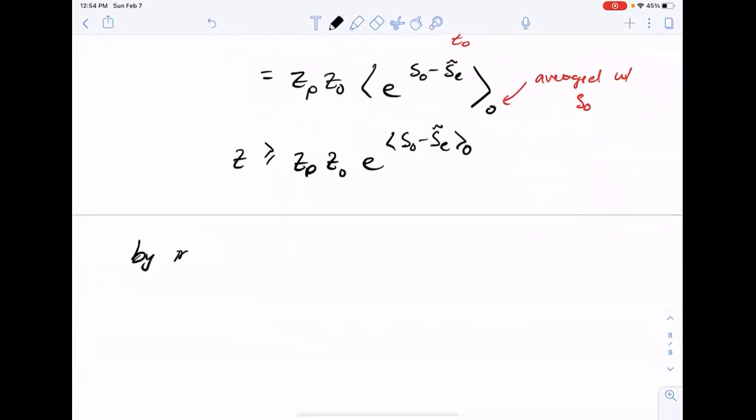So by introducing a quadratic reference action, we can at least bound the partition function.